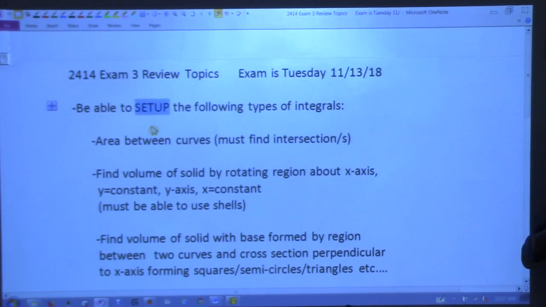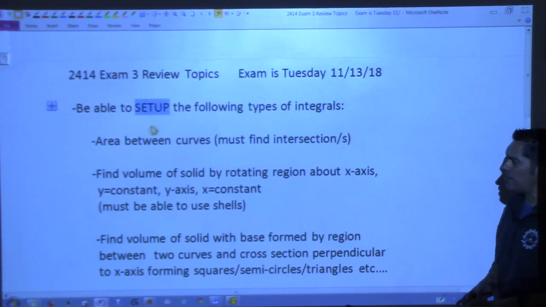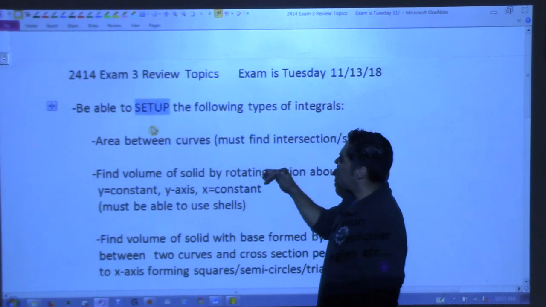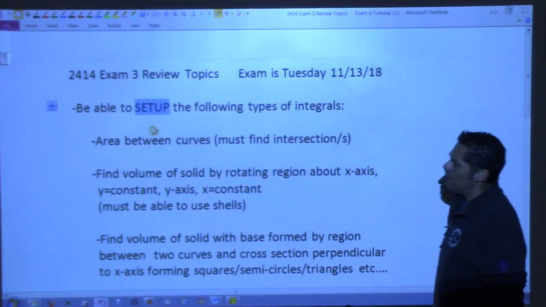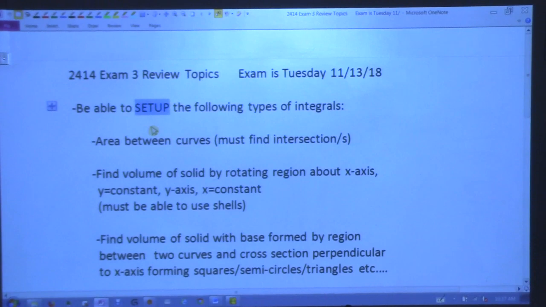So you had to algebraically work that out. And the one on the take-home, I believe, was a radical equation. You had to square both sides and solve, and it turned out to be a nice polynomial. It worked out nice. But same thing on the test. I want you to demonstrate that you can do some algebra to get the intersections.